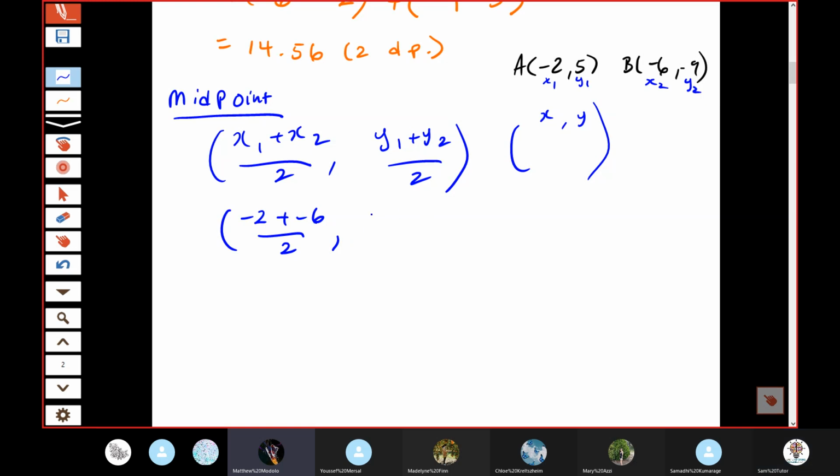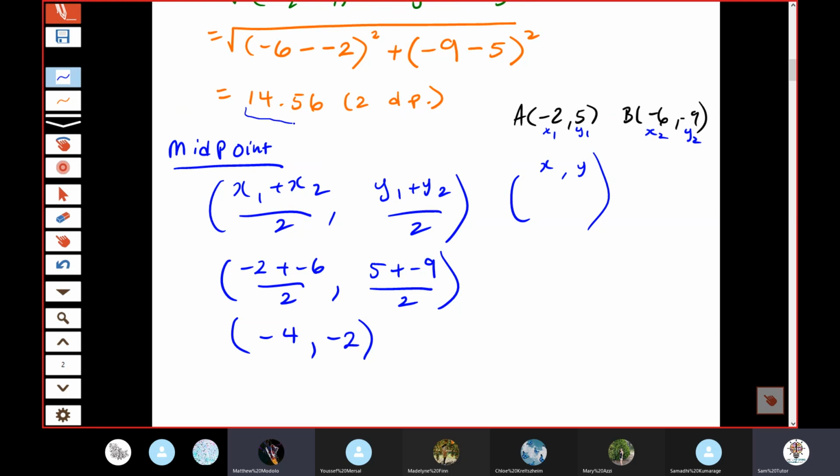And then you do 5 plus minus 9 over 2. That's it. You plug each one individually into your calculator, and you should get an answer. Minus 2, minus 6, minus 8. You should get minus 4. And then 5 take away 9 is minus 4, so minus 2. Can you see, Matt, how that's a point, an x and a y? Yeah. That's why it looks a little bit different to this one. This was just a number, because that's distance. Cool.